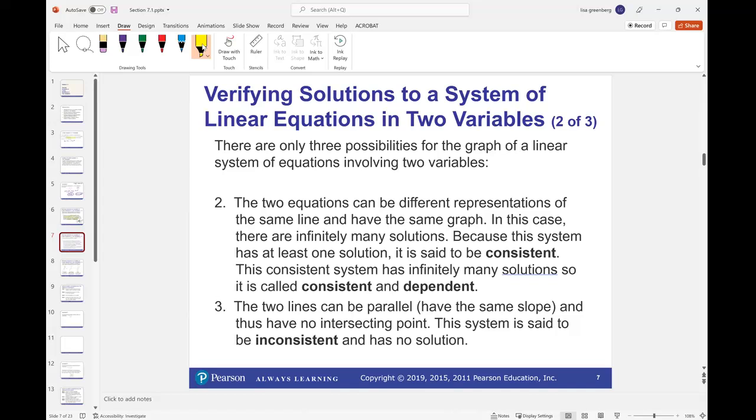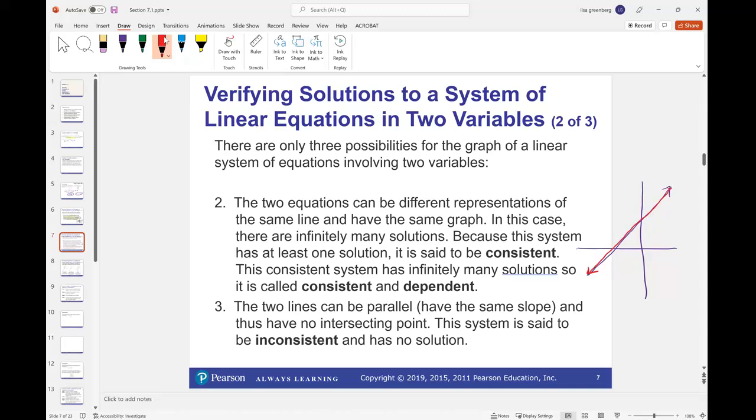The second one is the 2 equations can be different representations of the same line. So for example, if I were to draw this, let's say I were to draw a graph. So here's the equation of one line, right? And what if I were to say that the other line goes right over the top?